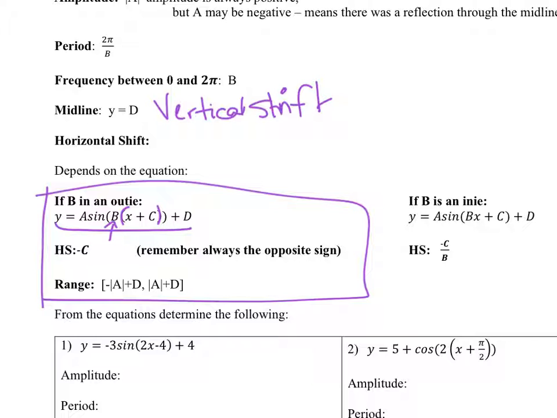We're mostly going to see it with them, so I just wanted you to see them. This B here is separated from the X by a parenthesis. So when that happens, the horizontal shift is just negative C. Remember, we're moving X, so it's a horizontal left and right movement. Anytime you're moving left or right, C is always that opposite sign.